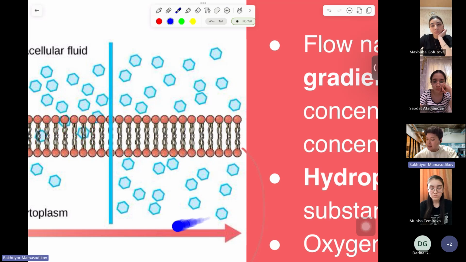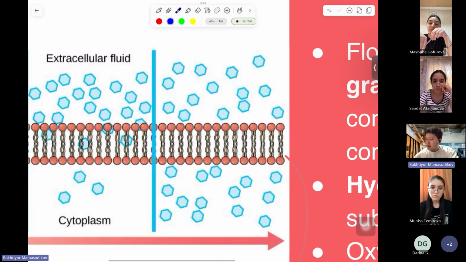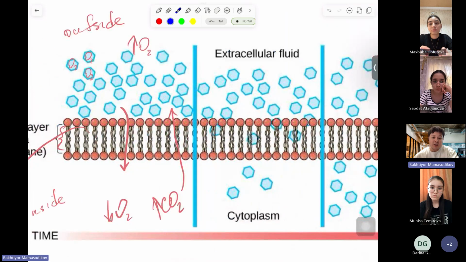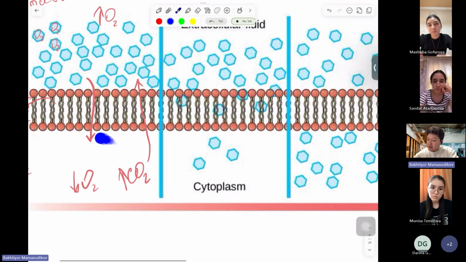But what about carbon dioxide? This is the vice versa of this reaction. Carbon dioxide is more inside, so they start to move according to the concentration gradient to the outside.